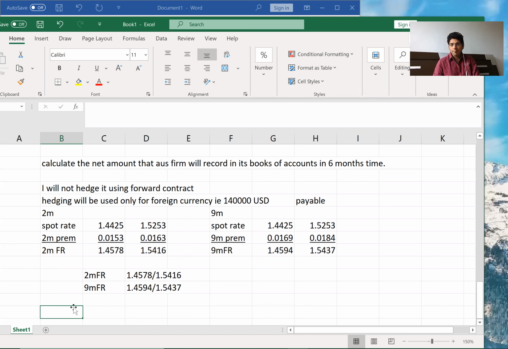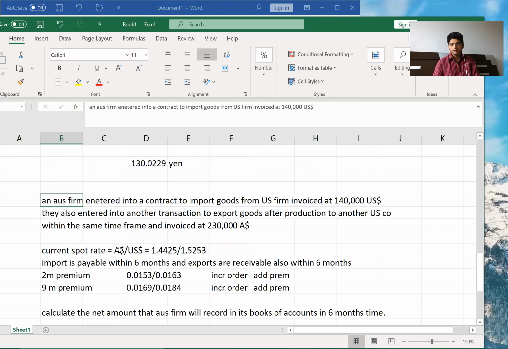So now I will apply my logic of direct quote and indirect quote. For an Australian firm, the amount is given as $1 equal to so and so Australian dollars.